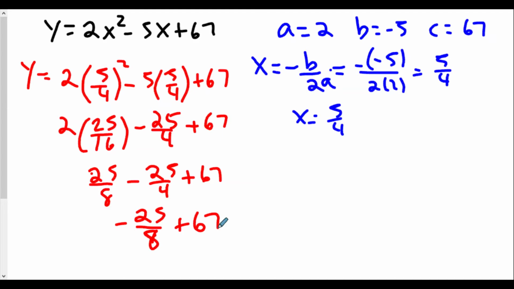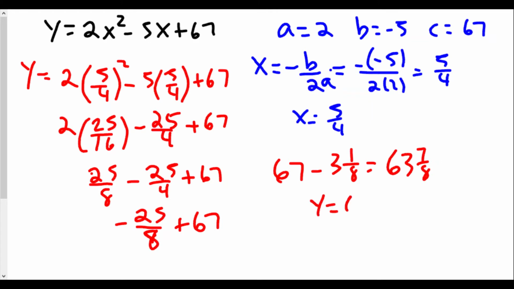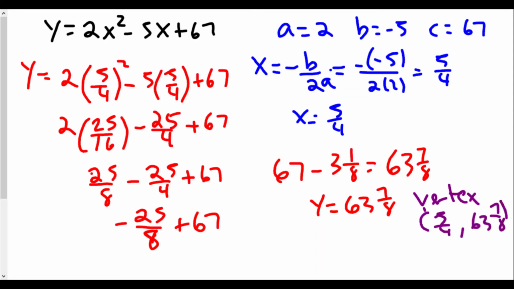Okay, and so again, 25 over 8, we said before, is the same thing as 3 and 1/8. So we have 67 minus 3 and 1/8 is equal to 63 and 7/8. And that's our y value. So our vertex is going to be 5 over 4, comma, 63 and 7/8.